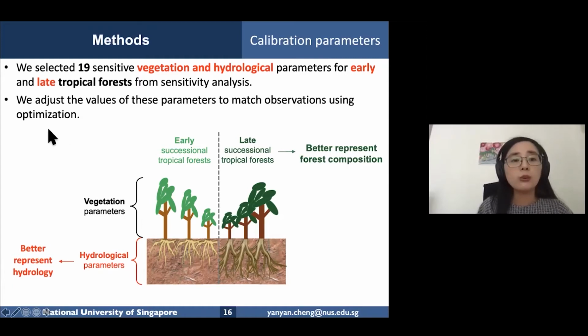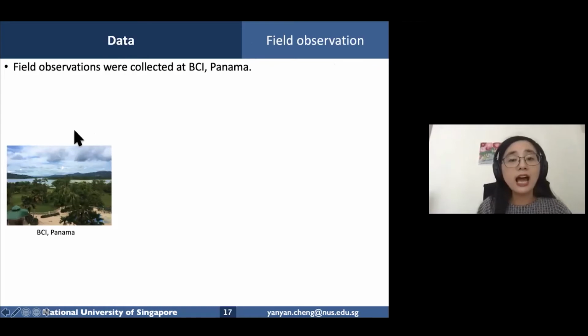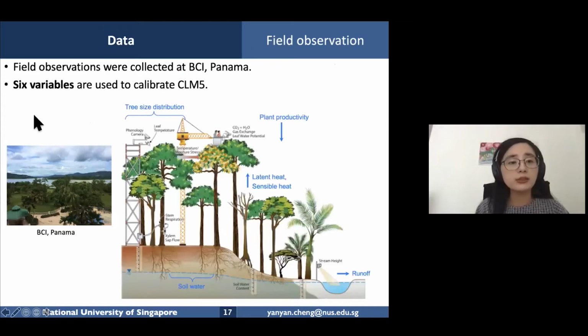We adjust the values of these parameters to match the observation by using the optimization schemes developed in our group. The observations are collected at BCI Panama, which is a primary tropical forest. There are 6 variables that have been collected.